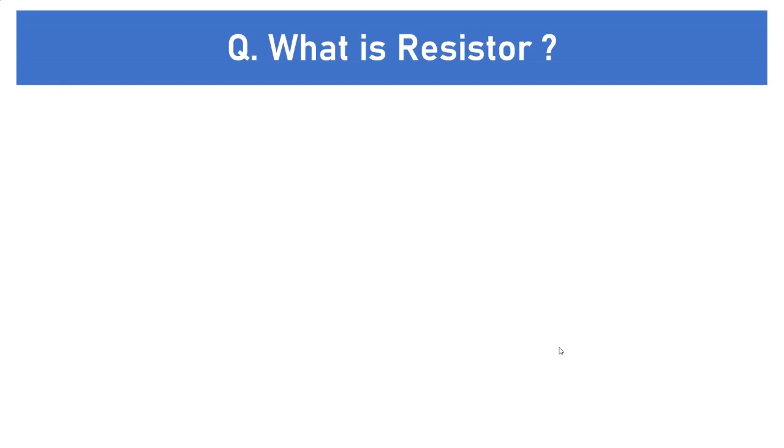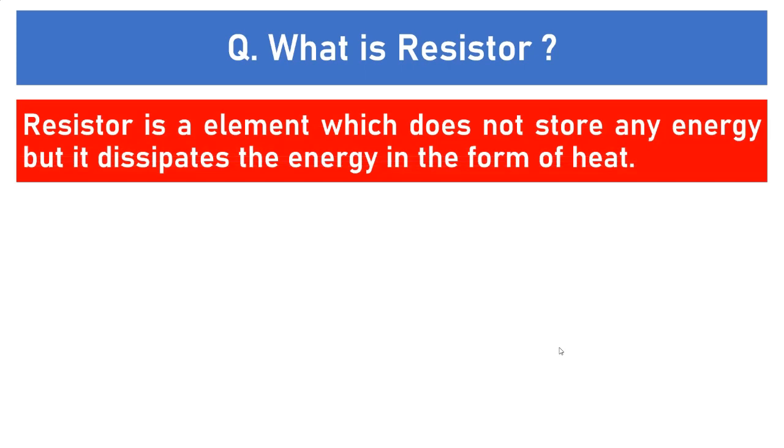So what is resistor? What is the unit of resistor? And which letter do we use to represent the resistor in any electrical circuit? First, what is resistor? Now see the definition of resistor here. A resistor is an element which does not store any energy, but it dissipates the energy in the form of heat.